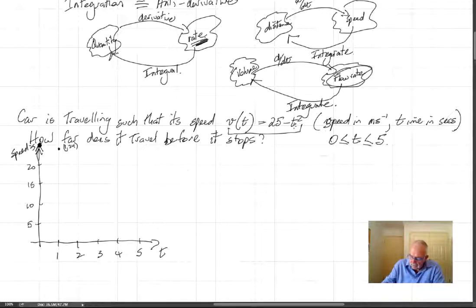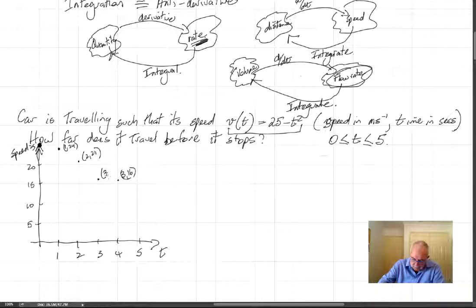At t equals 2, 2 twos are 4, and 25 minus 4 is 21. At t equals 3, t squared is 9, 9 from 25 is 16. Oops, we've forgotten, we're going to jump over here.